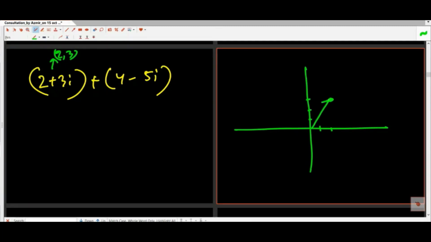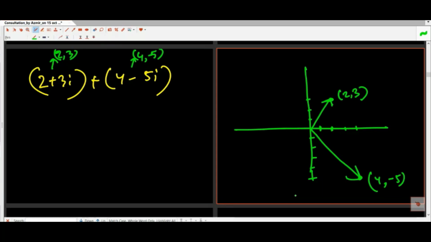A complex number is always directed from the origin. Then 4 - 5i: the point will be (4, -5). It is in the fourth quadrant and the first one is in the first quadrant.